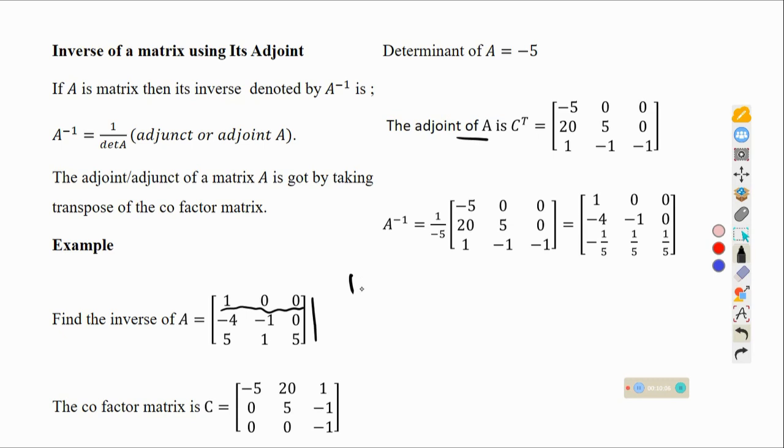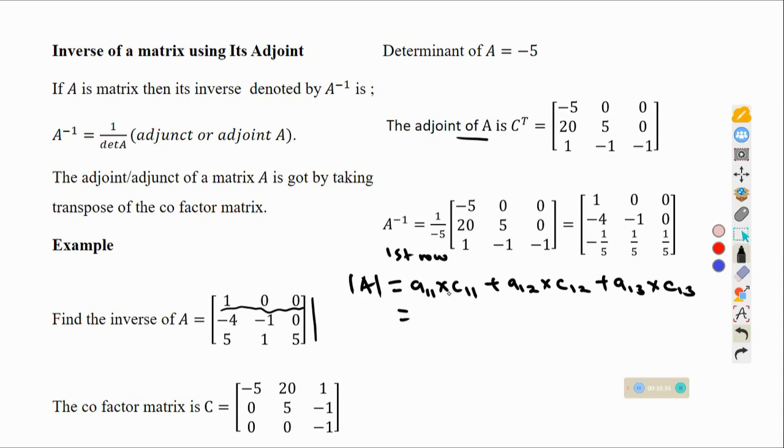So to get the determinant of this matrix A, let us consider the first row. The first entry is 1. So we are supposed to have A11 times the corresponding cofactor C11, plus A12 times the corresponding cofactor C12, plus A13 times the corresponding cofactor C13. Consider one row, or you consider one column.